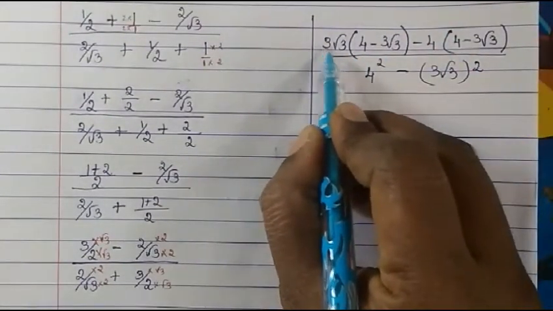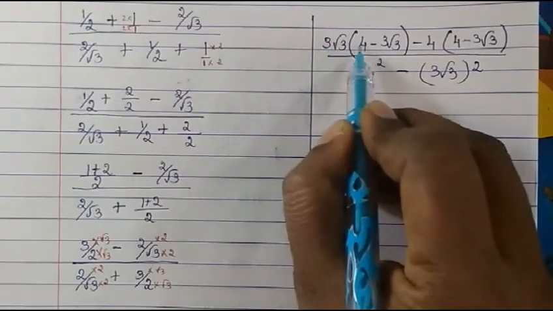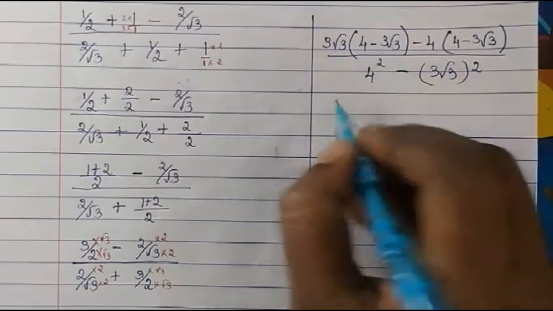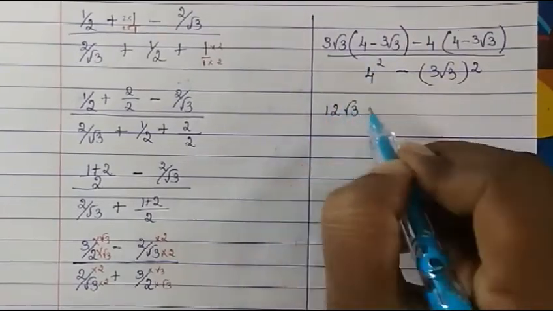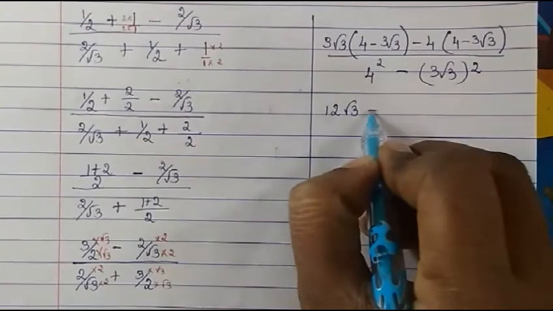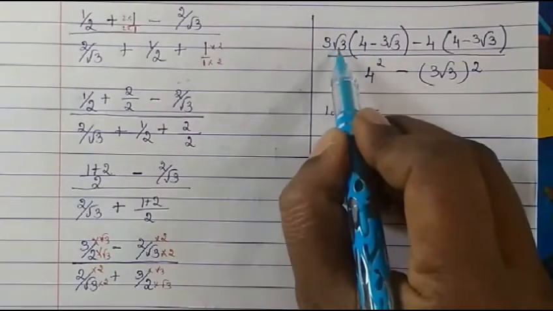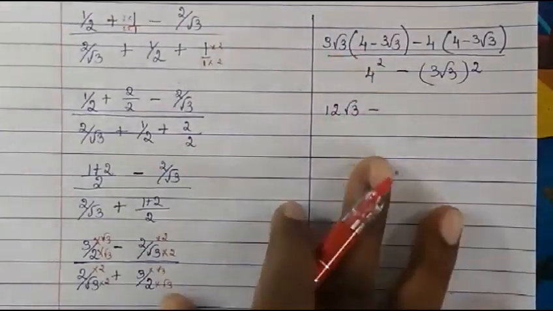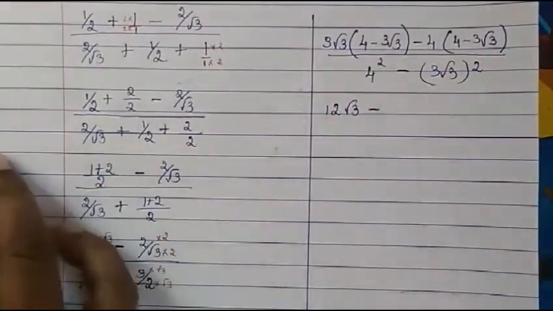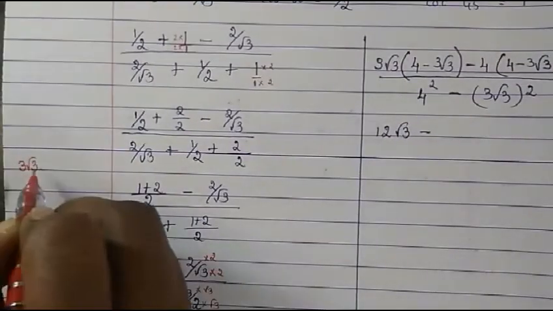This is a number, this is also a number, so we can multiply number and number. 4 3s are 12. This root 3 will come as it is. Minus is here. Now this, you see, is a number, this is the whole thing. Root 3 into root 3, 3 into root 3.